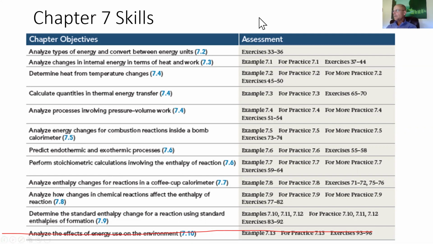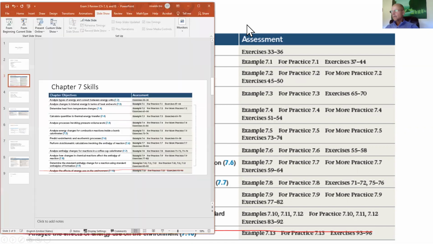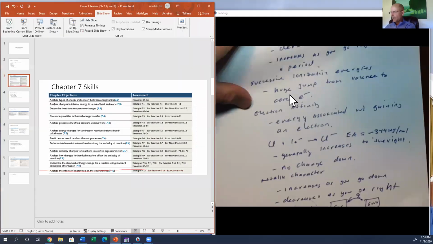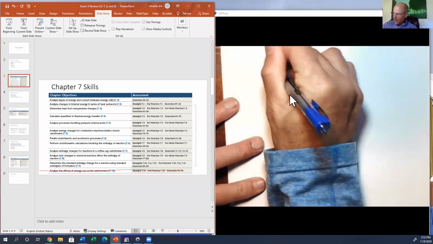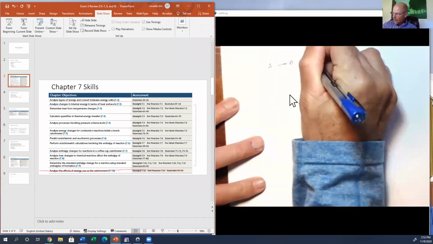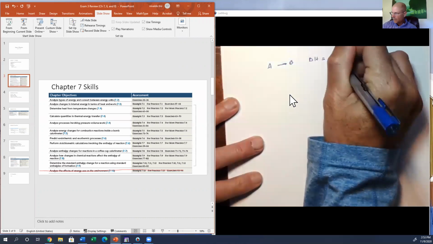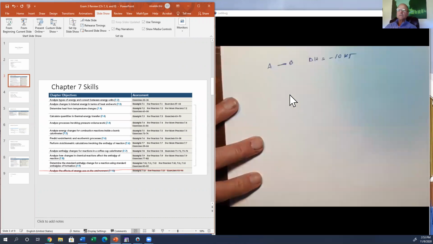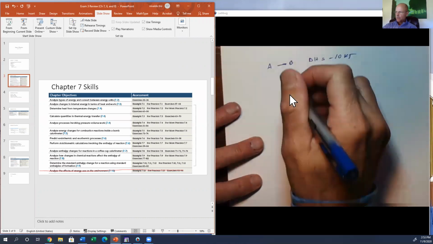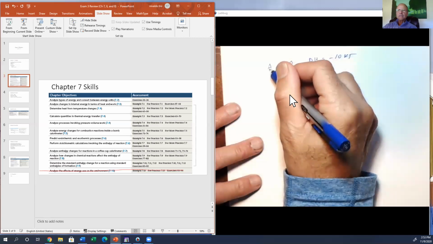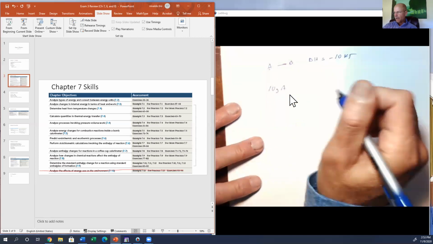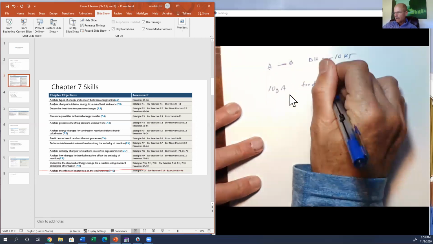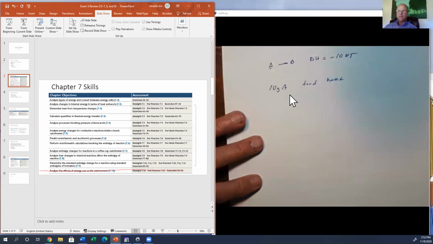What I mean by that is if you have some process, A goes to B, and you know delta H is equal to some number, let's say minus 10 kilojoules. And you're given a certain amount of A, let's say 10 grams of A, find the heat evolved when 10 grams of A react.